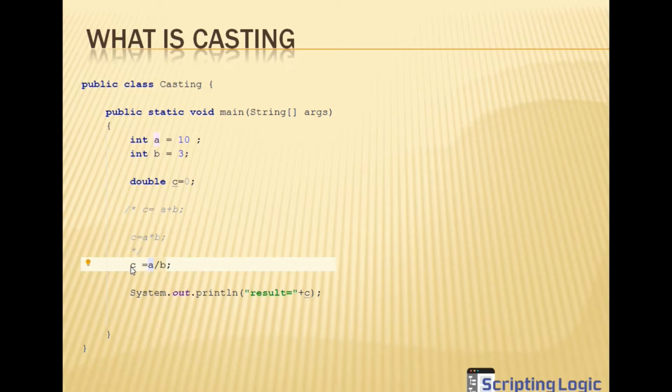And if I try to store that into c, the result gives 3.0, not 3.33, right? And why? Because a is integer and b is integer, and their computation gives me an integer kind of result only. If I want to get this result in the form of double, I should typecast it.